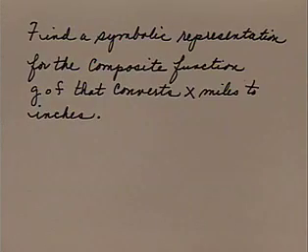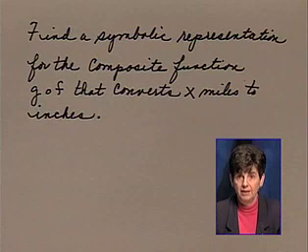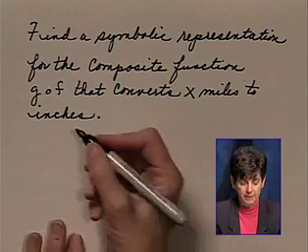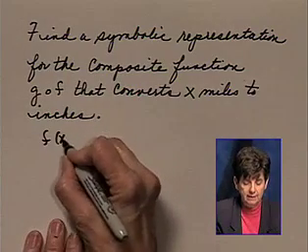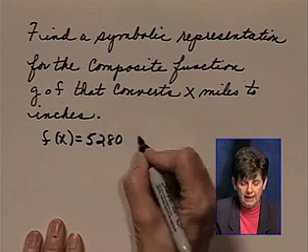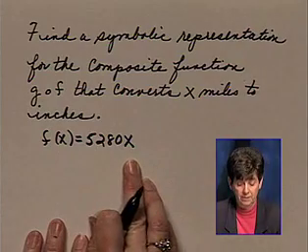Let's look at this example. We'd like to find a symbolic representation for the composite function g composed with f that converts x miles to inches. Now think about converting miles to inches. We might first convert miles to feet. Suppose we let f of x equal 5,280x, where x is the number of miles.